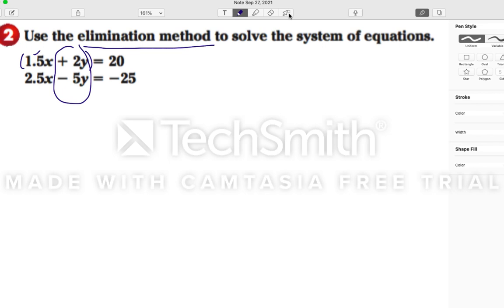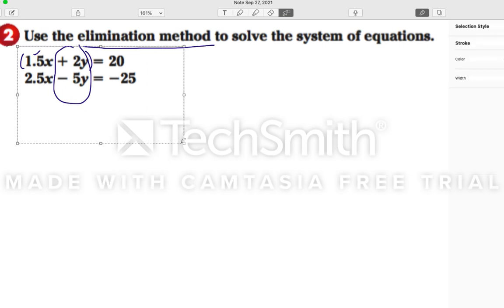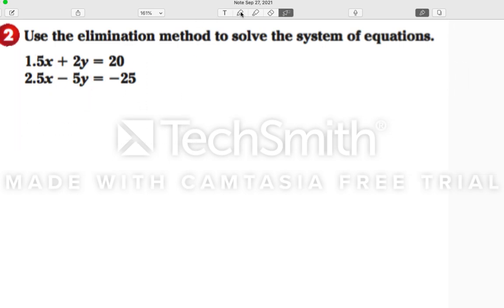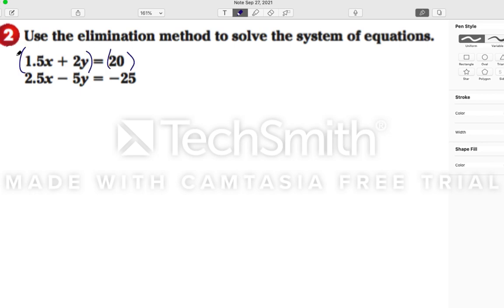So I can get rid of the y variable by multiplying the first equation by 5, and I can make the coefficient negative 10 in the second equation by multiplying this equation, both sides of course, by 2, because we know what we do to one side, we do to the other, and it maintains equality.